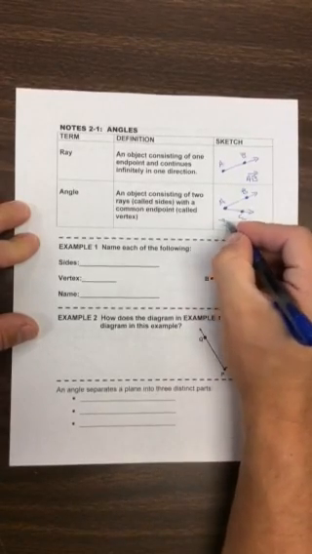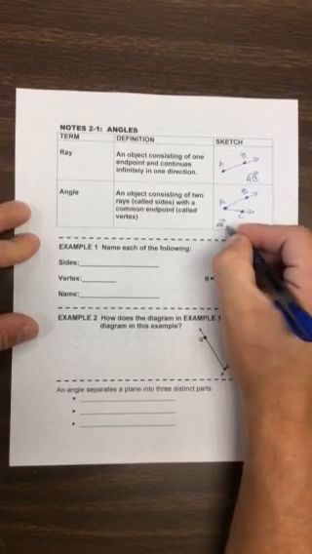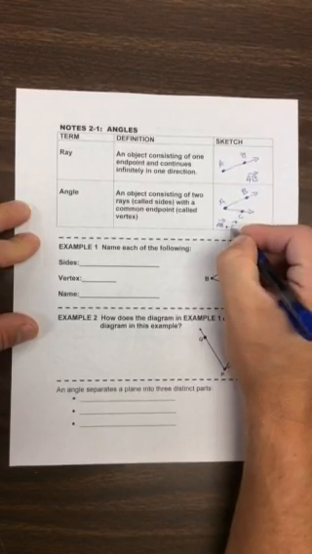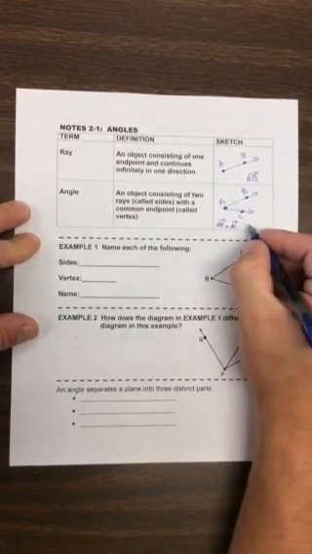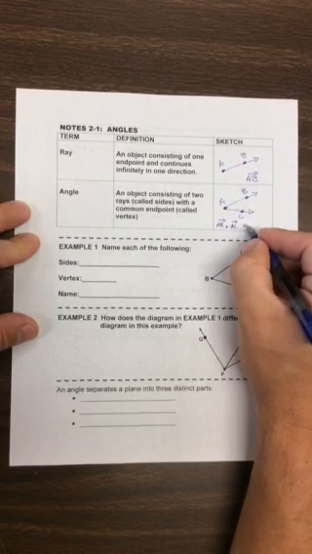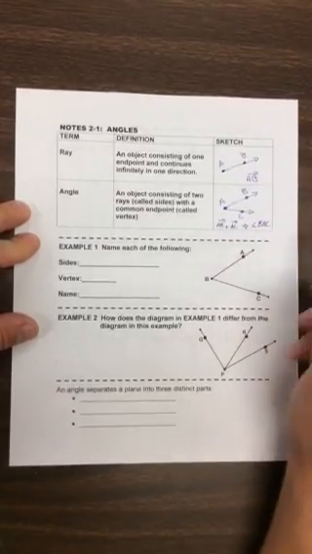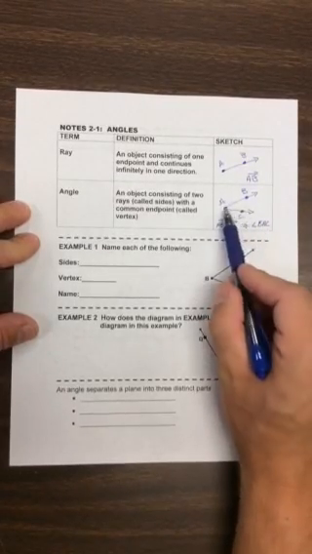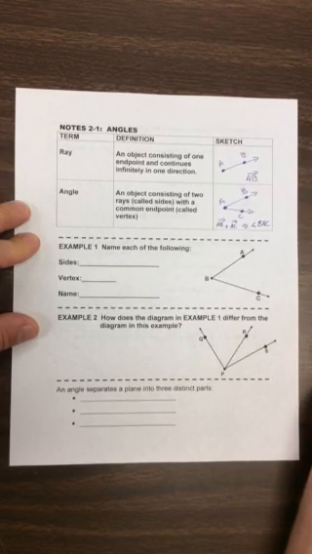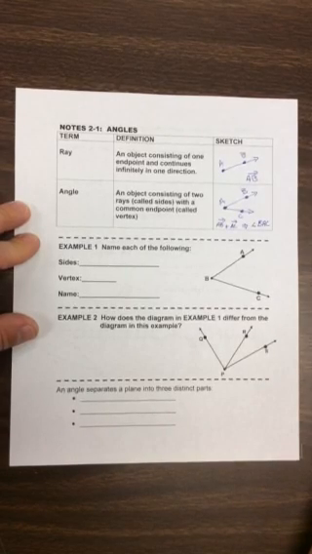So I have ray AB and ray AC, which come together to make angle BAC. Now notice the middle of my angle is always going to be my vertex when I'm listing my points on my angle. So looking at the following, name each of the following.